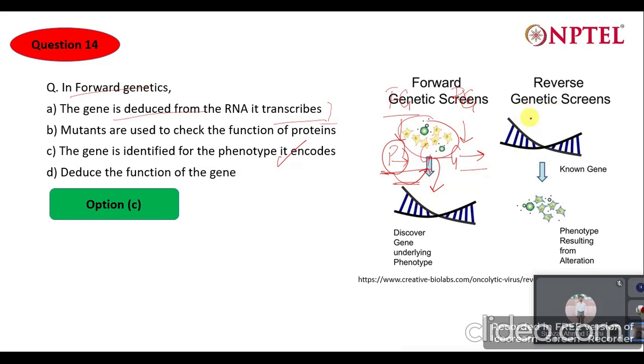And in the case of reverse genetic screens, first we study the gene and what function it encodes and what phenotype it produces. So this is basically about forward as well as reverse genetics. So any doubts here? No, sir. Okay. So moving on to the next question.